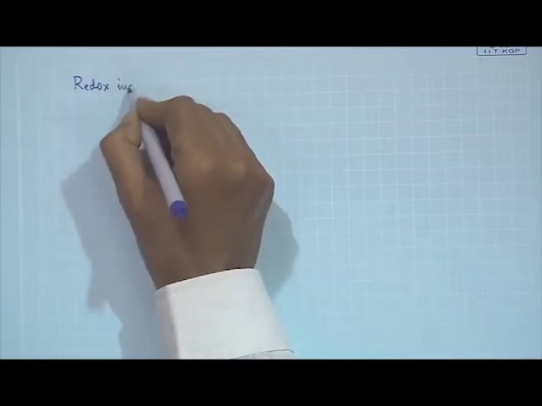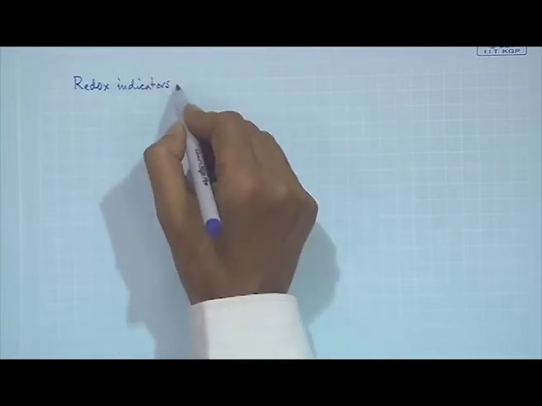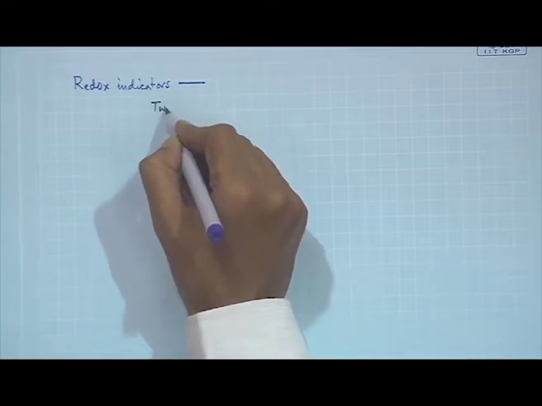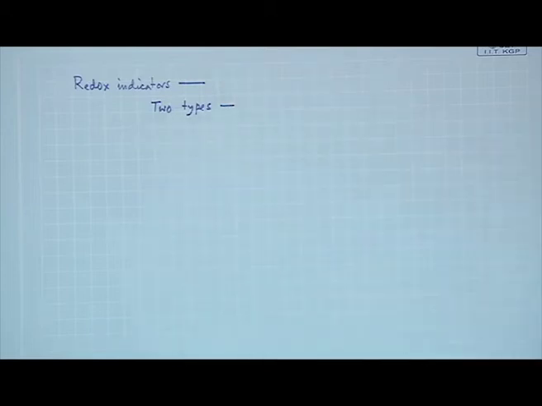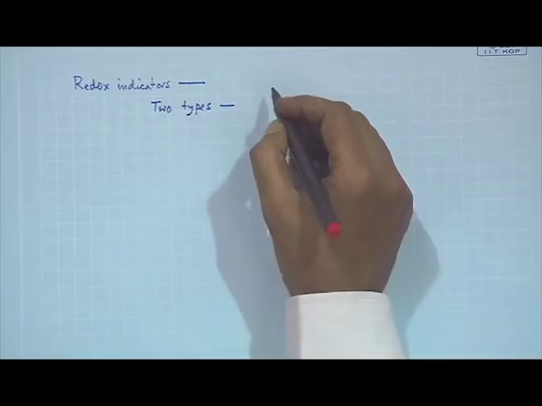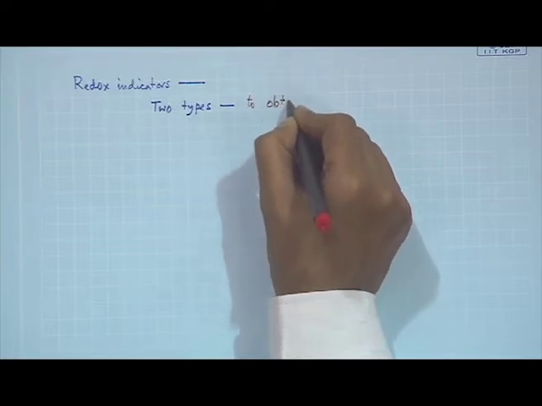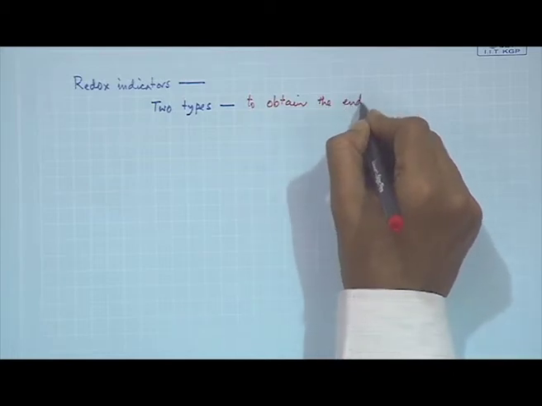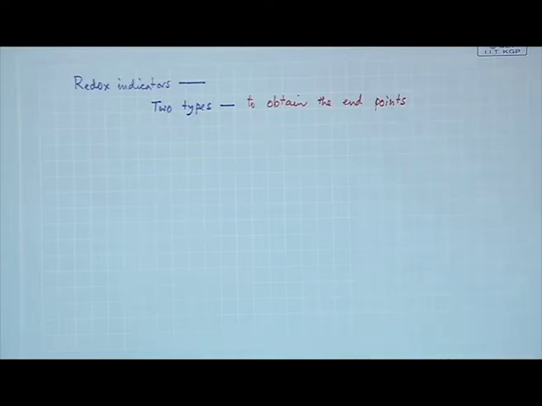These are of two types, and these redox indicators are utilized for the detection of the endpoint, like your acid base indicators.